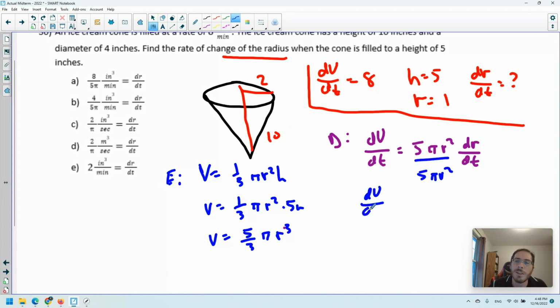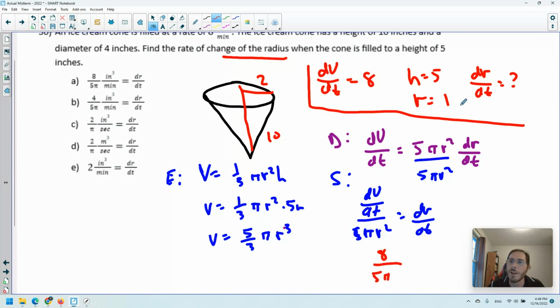So dV/dt over 5 pi r squared is dr/dt, and we'll substitute in. Let's see what we got. So we got 8 over 5 pi, r is 1, so 1 squared is dr/dt. So 8 over 5 pi, there's only one 8 over 5 pi. So we pick A.